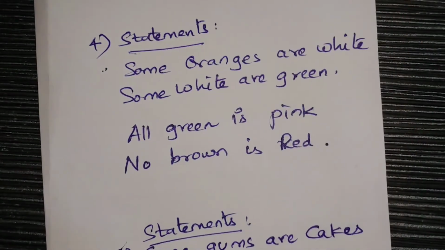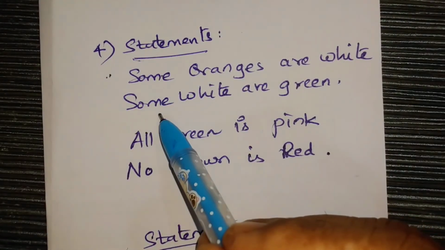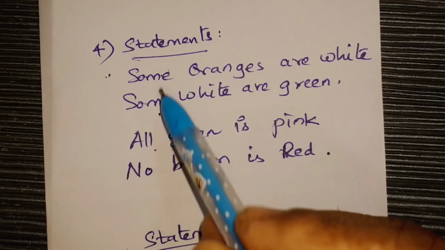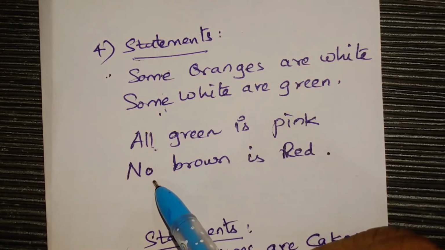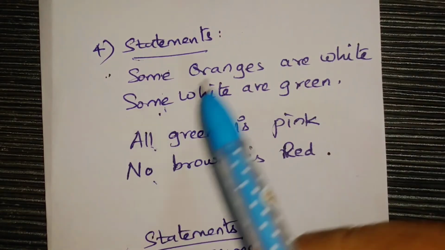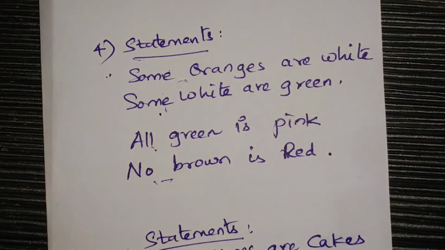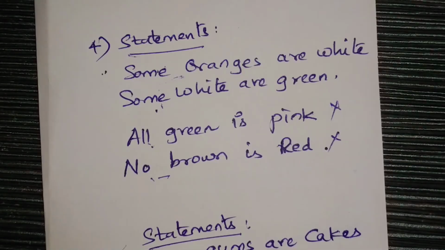The question is: some oranges are white, some white are green. Whenever "some" is there, all will never come, and no will never come. So both do not follow. Directly, without a Venn diagram at all, both don't follow.